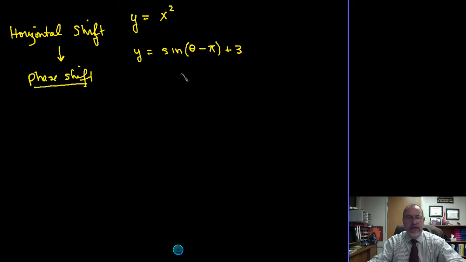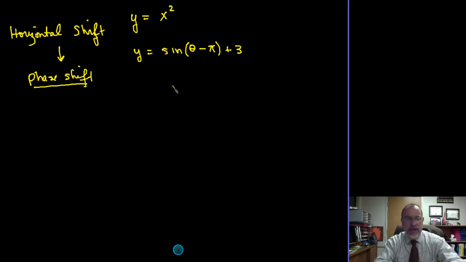Now there's something very important that we have to discuss in here, and that is the horizontal stretch or shrink that we talked about in the previous video affects the horizontal values, or the x values on the horizontal axis of the function. The phase shift moves those horizontal values.